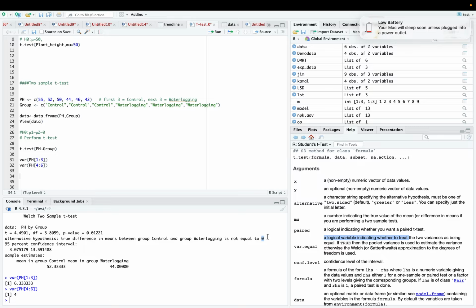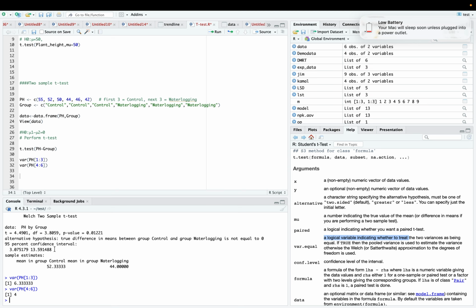That means 0 is not included in the interval, which means it's significant. The difference is 3 to 13. If 0 were included here, it would be non-significant. As it is not included, this is significant. This is another way to check from the confidence interval.